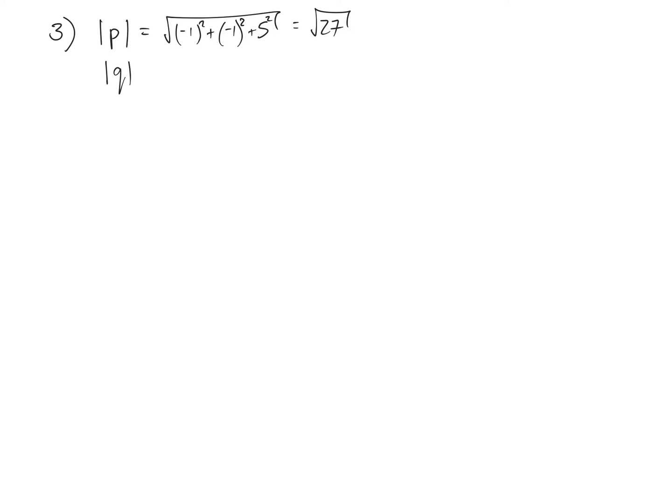Magnitude of Q is the square root of minus 1 squared plus minus 4 squared plus 2 squared, 1 plus 16 plus 4, which is 21.